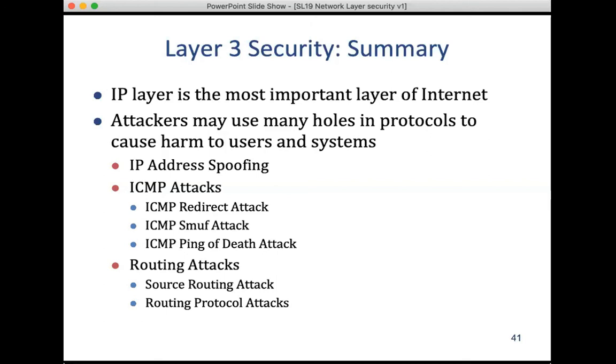The way a routing protocol exchanges messages, a router in between can lie about its own state, and based on that, attacks can happen. So we have seen these two very simple attacks in routing layer protocols.